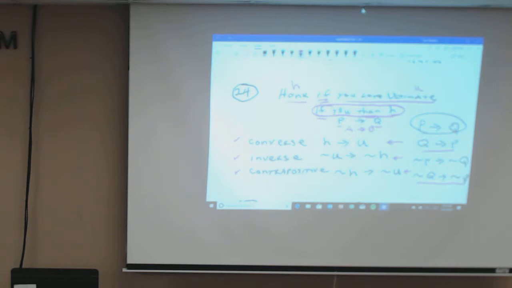The contrapositive is a very important one to keep in mind, because that's really the only valid logical statement you can make about if P then Q. The converse and the inverse, you can make those statements, but they're not logically equivalent. Why does logic have you rewrite things in a form that's not logically equivalent? Because people do it all the time.